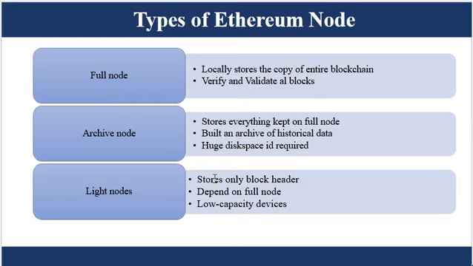So an archive node basically requires a huge disk space. So it can be concluded that archive nodes are not useful for average people. They are effective in the application of block exploring, wallet vending and chain analytics only.